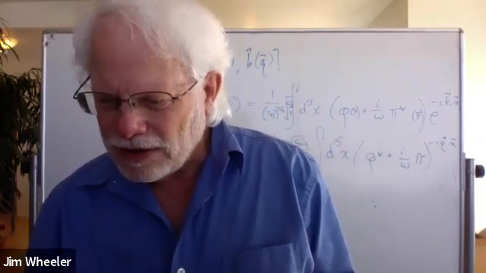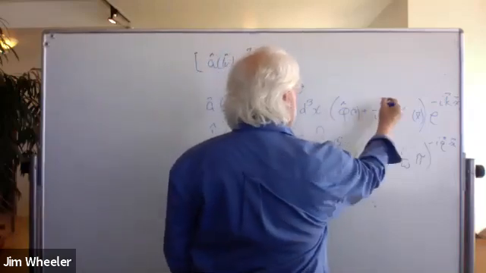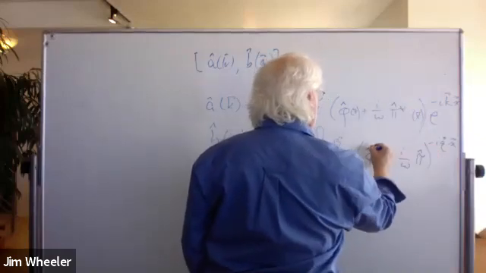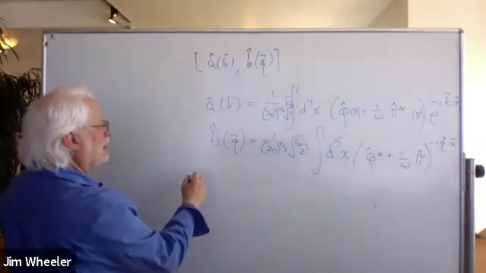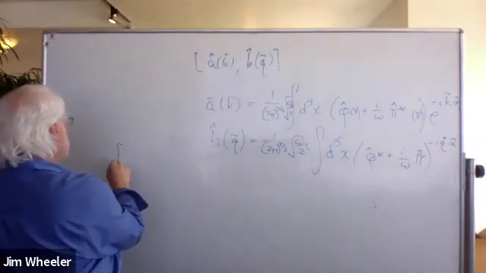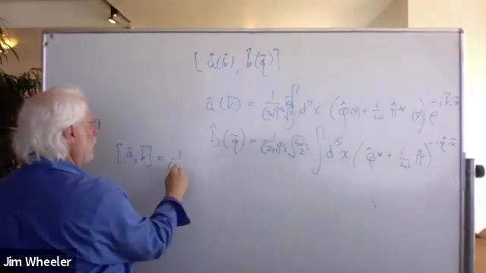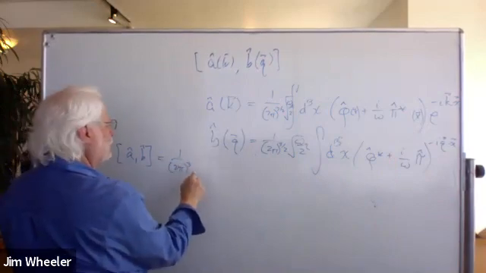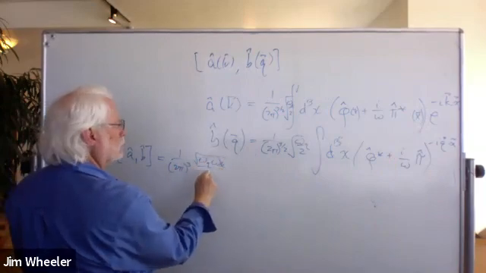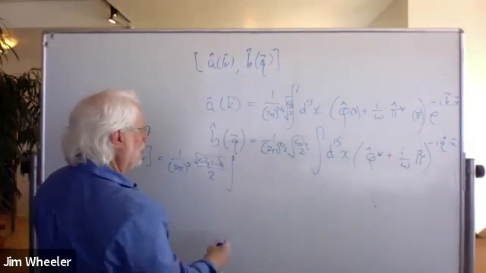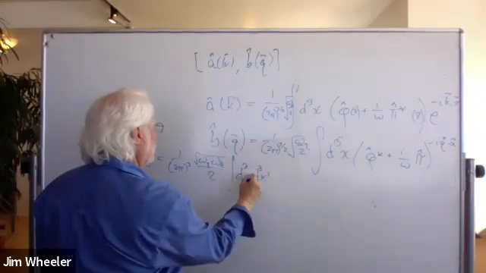Yeah. Chapter 4. Okay. So we want the commutator of these guys. So these are going to be operators like that. And so if we commute these, A hat, B hat, okay, I'm going to have a 1 over 2 pi cubed. I'm going to have root omega q omega k over 2 coefficient. d3x prime.